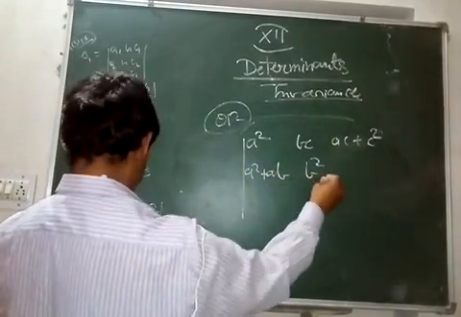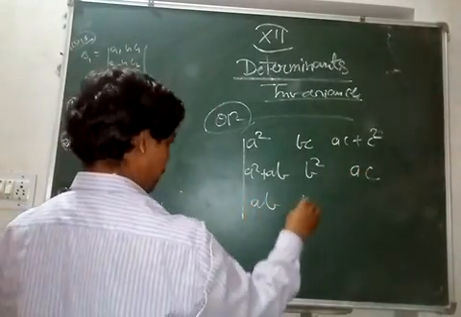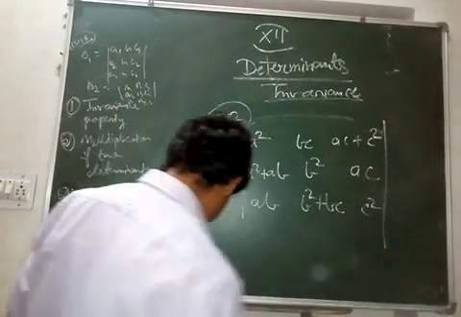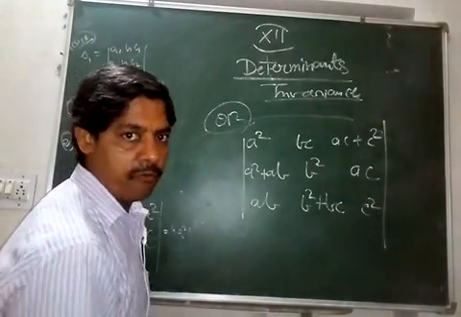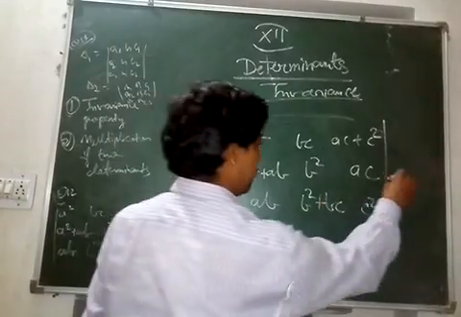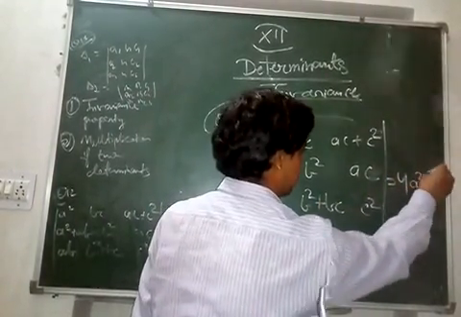We need to prove that this is equal to 4 a square b square c square.